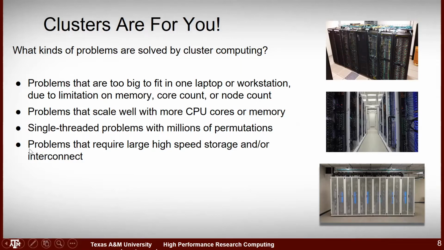And then the last one is problems that require large, high-speed storage and/or interconnect. So an example would be if you're working with real, live weather data. Weather data is enormous. You're downloading the entire planet's worth of data. And so maybe your laptop at home has a weak internet connection and it can't handle it.